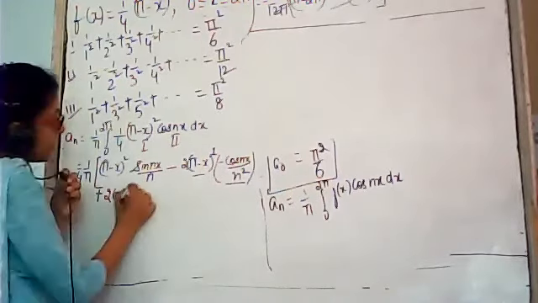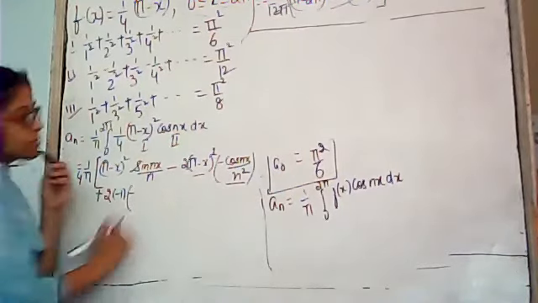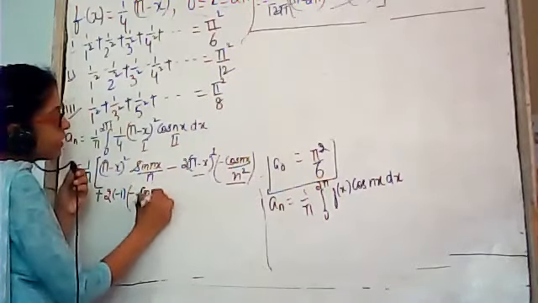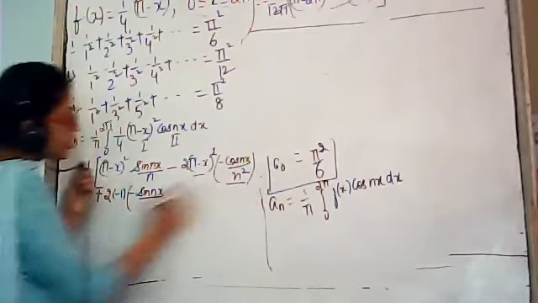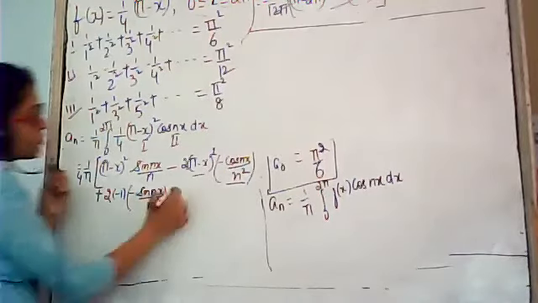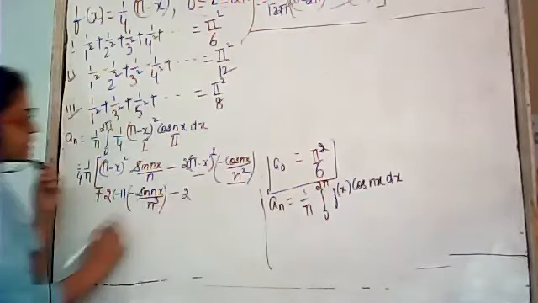Again, this negative sign will remain as it is. Integration of cos nx will be sin nx divided by n again, and n square is already there, it will become n cube. After that, negative sign. This 2 will remain as it is.